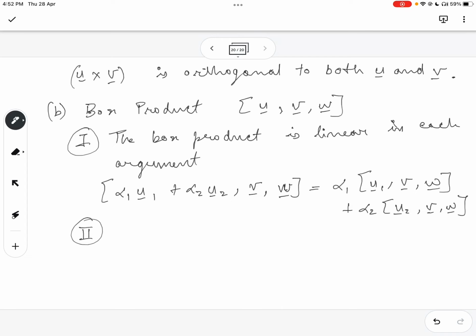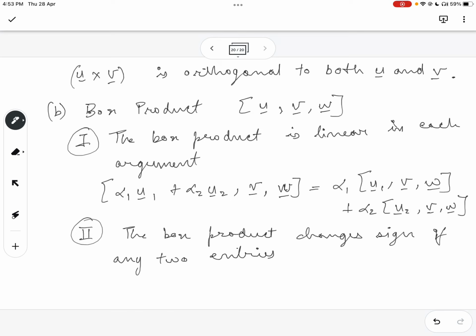The second property is that the box product changes sign if any two entries are swapped, that is, u v w is minus of v u w.